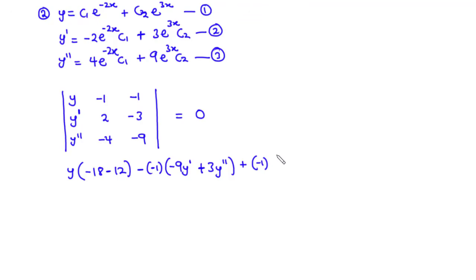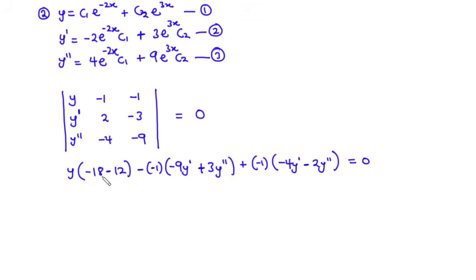And then plus negative 1, we cancel out the row and column containing negative 1, negative 4 times y prime, that is negative 4y', and then y'' times 2, so we have minus y'' times 2, that is 2y'', and that is equal to 0. Let's simplify.